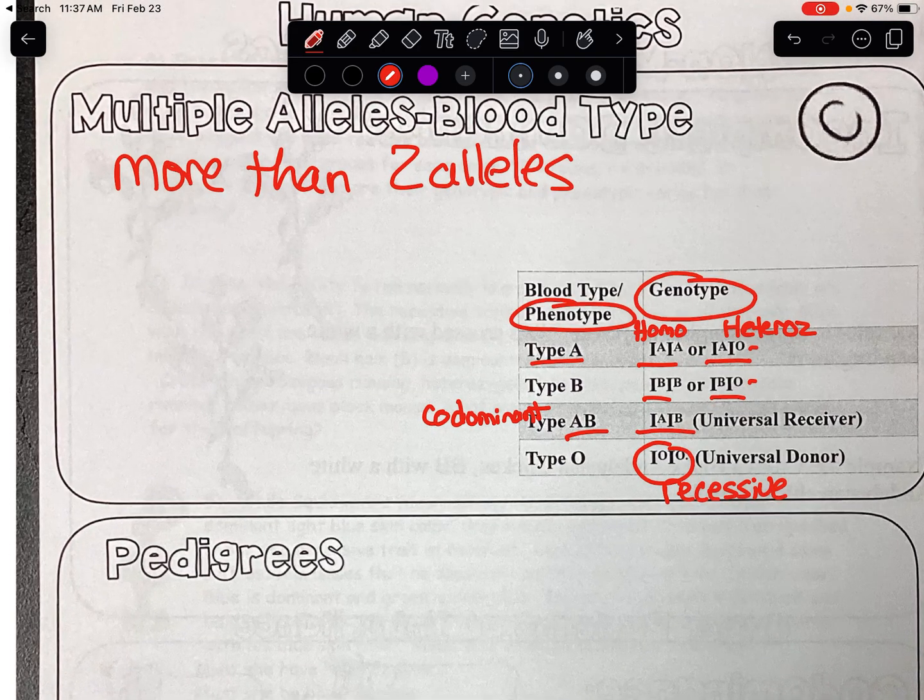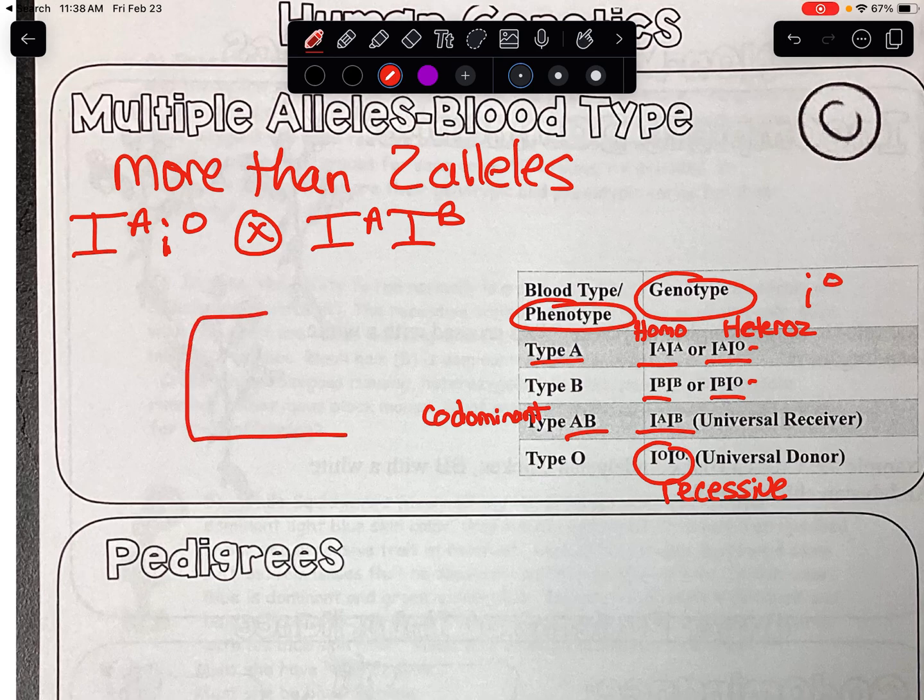So let's cross. And sometimes the I is a little i. So I'm going to do that because O is recessive. Or I mean O. Times, I don't know, let's do this, the codominant one.